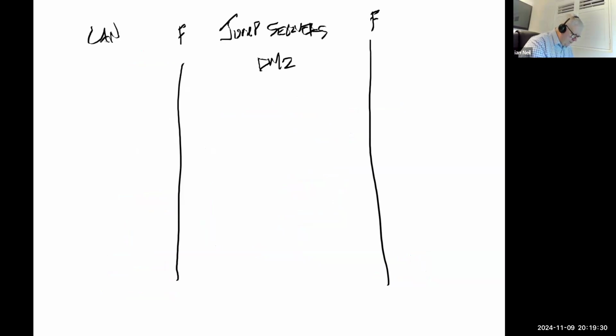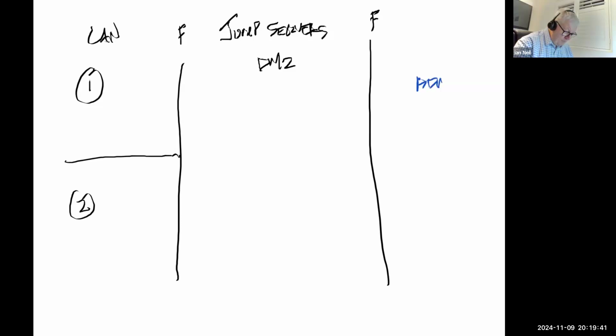And inside my LAN, I've got subnet 1 and I've got subnet 2. And over here, I've got an administrator, and the administrator is at home, and he's actually got no VPN. But this administrator needs to do some admin tasks on these networks.